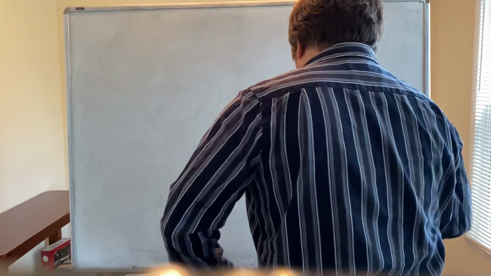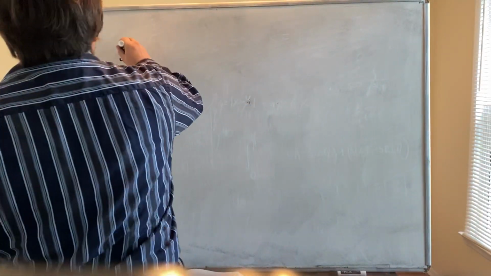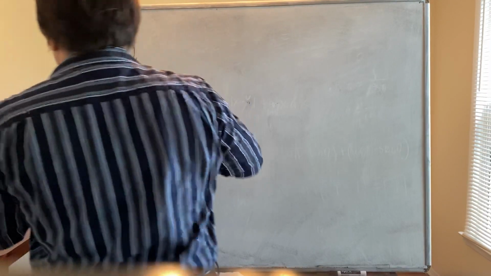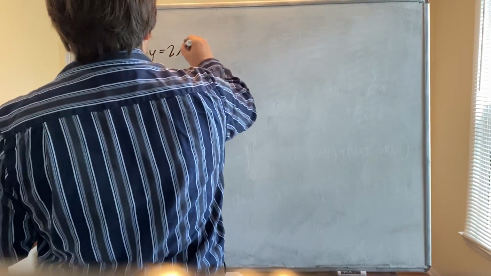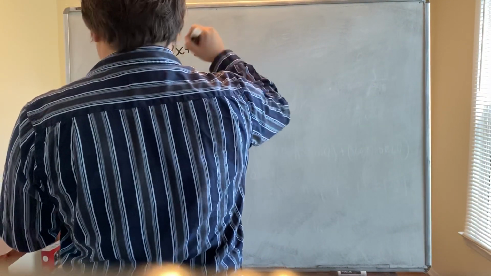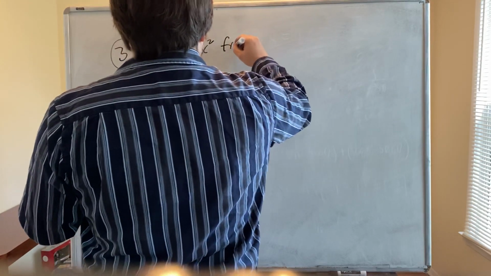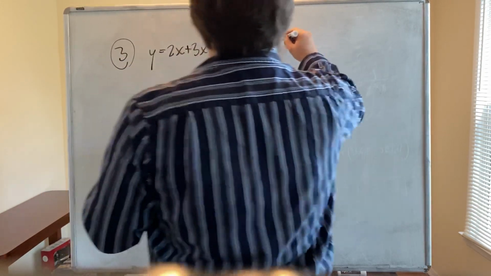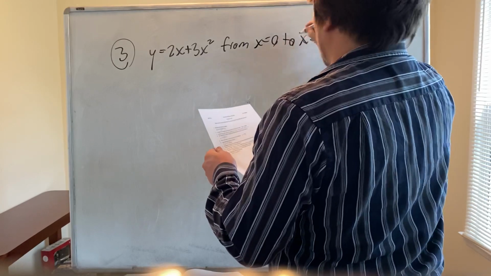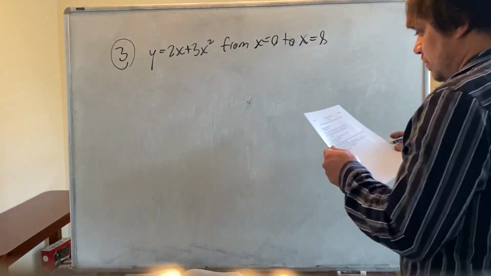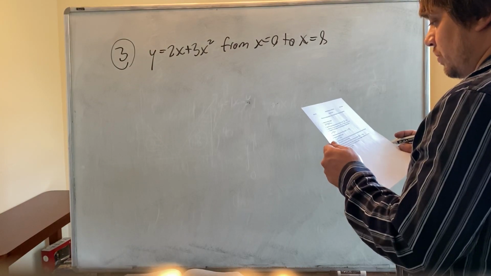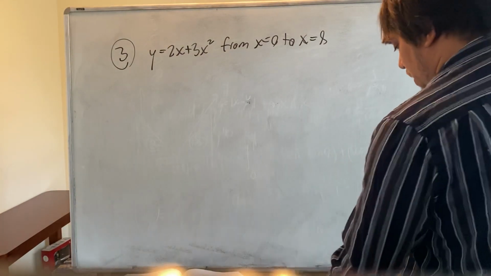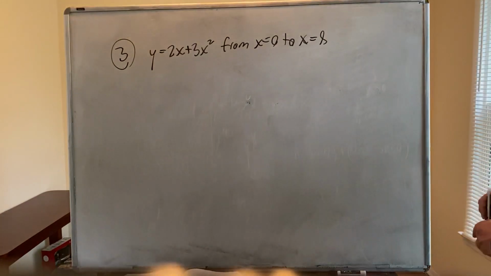Okay, so next one, number 3. Number 3 is estimate the area under the graph of y equals 2x plus 3x cubed plus 3x squared from x equals 0 to x equals 8. So we want estimation. Let's do this.